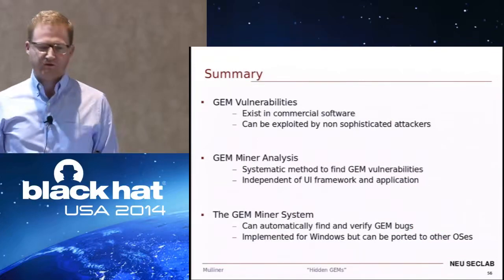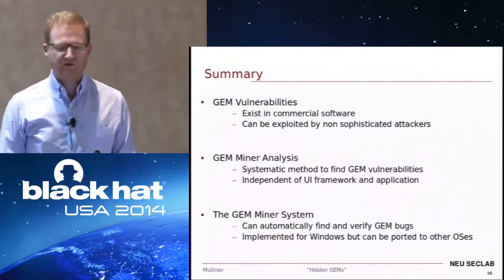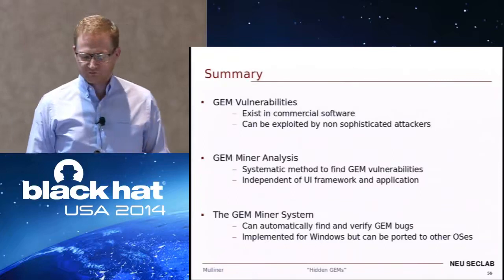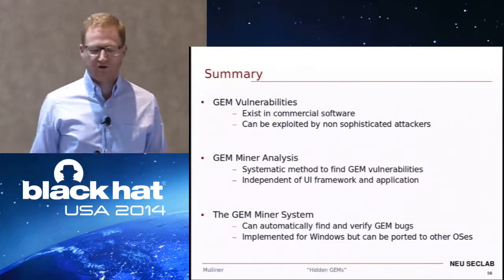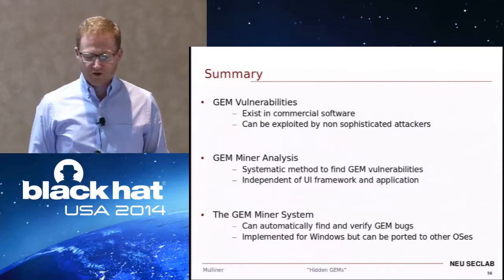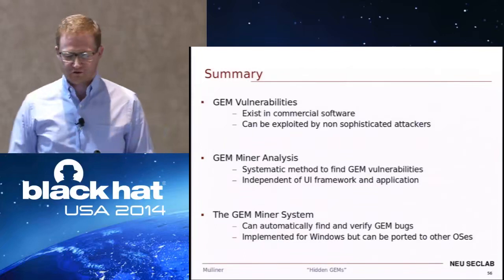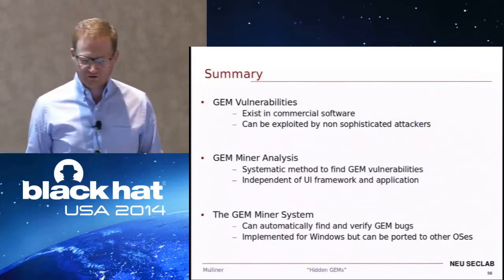So in summary, I showed you what GEM vulnerabilities are and that they exist in software. And in my opinion, they can be really easily exploited by non-sophisticated attackers. We built this analysis tool to automatically test applications.